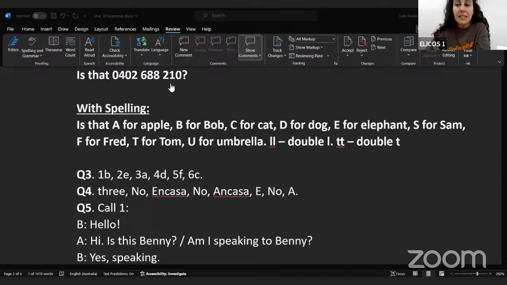Or you could say, am I speaking to Benny? And B says, yes, speaking. So I think we did this one before. Oh, great. Hey, Benny, I'm calling you from my hotel in Italy because my phone stopped working. Which hotel are you staying at? I'm staying at Innsbruck Hotel.